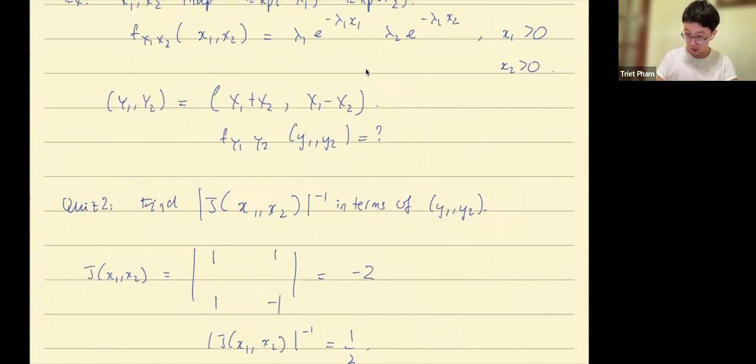Right, so this is the joint density of x. What's the joint density of y?